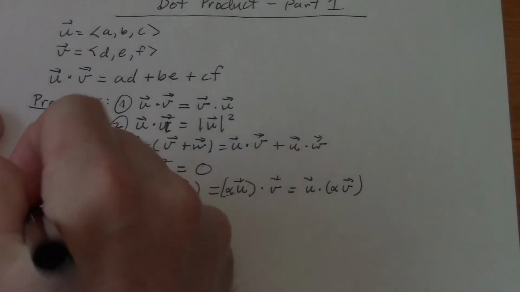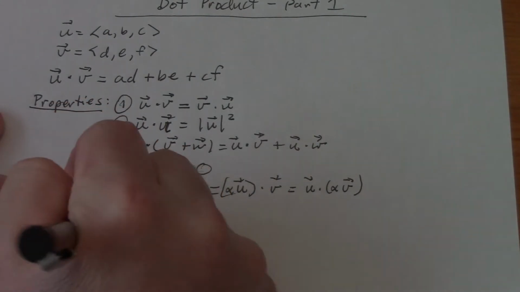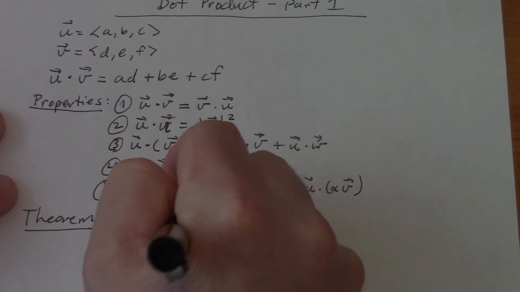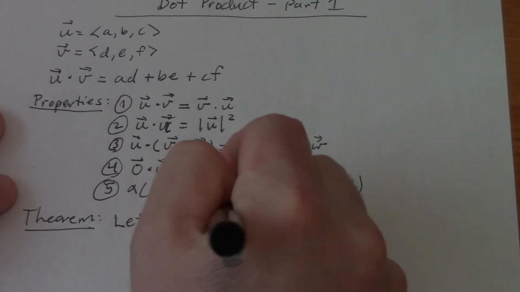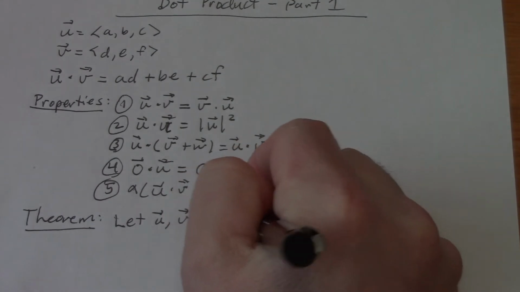Alright, so we have a theorem. Okay, we're going to take two non-zero vectors. So let U and V be non-zero. You just heard my cat. Okay.